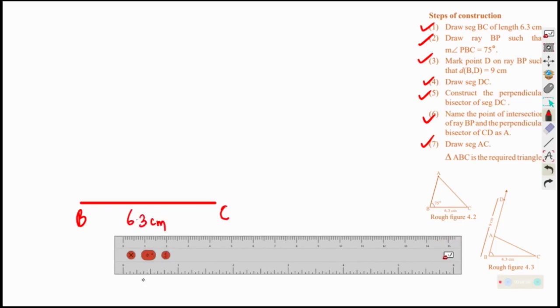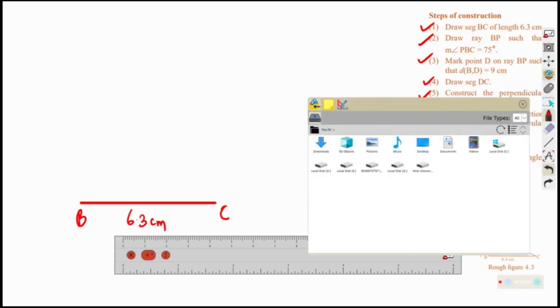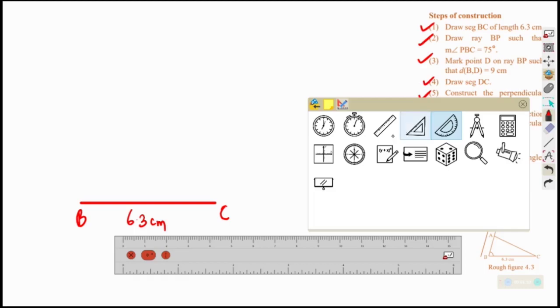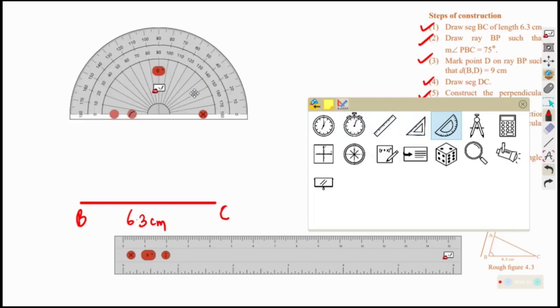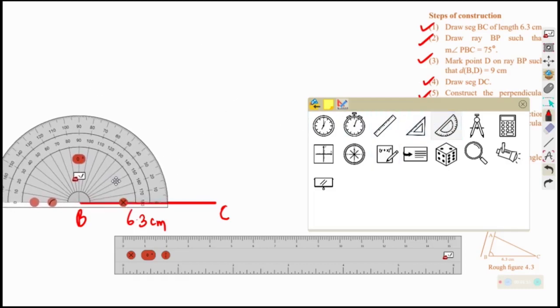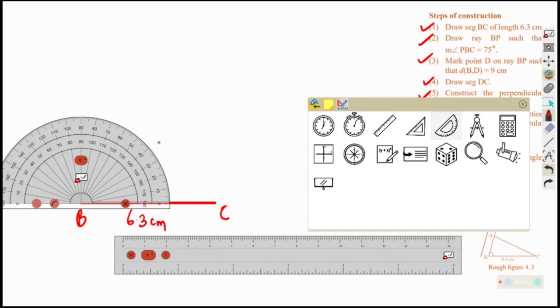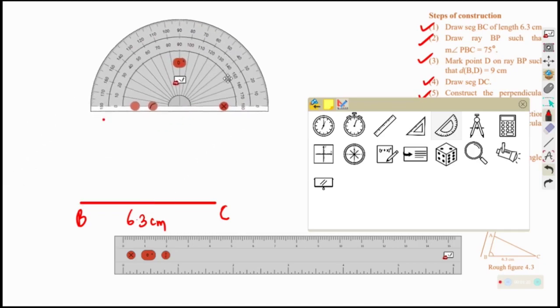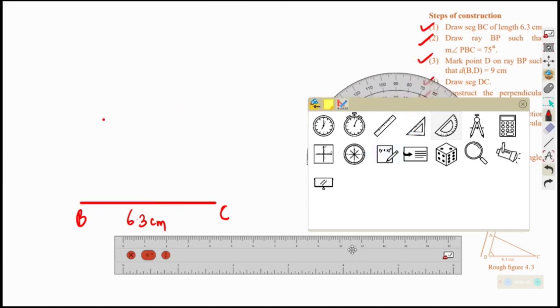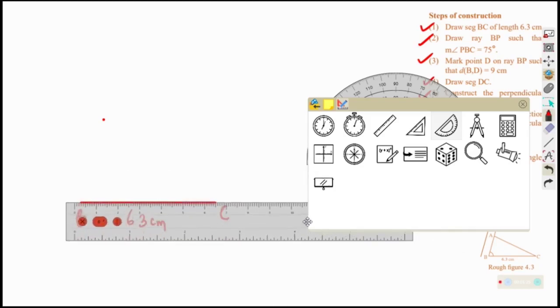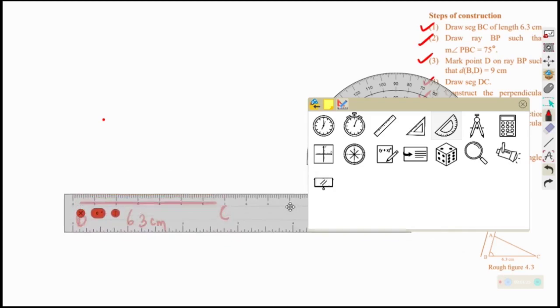Okay, the next step is I need a protractor, with the help of which I will draw the angle of 75 degree. I will mark it and then draw with the help of the scale. 75 degrees, somewhat here it is. I marked it. Now I am removing the protractor. I have to bring back the digital scale again.